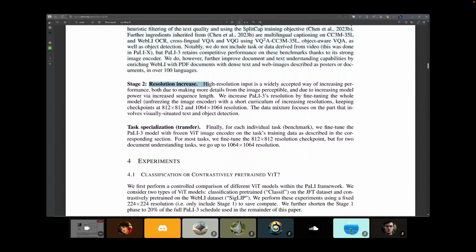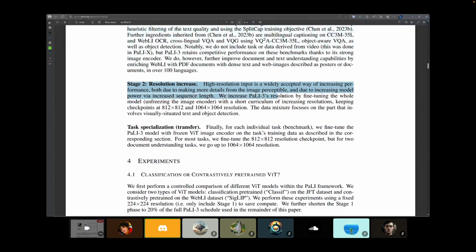Resolution increase. High resolution input is a widely accepted way of increasing performance, due to making more details from the image perceivable and due to increasing the model's power via increased sequence length.